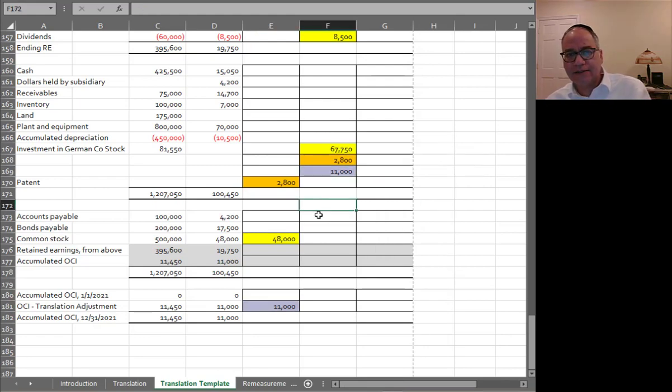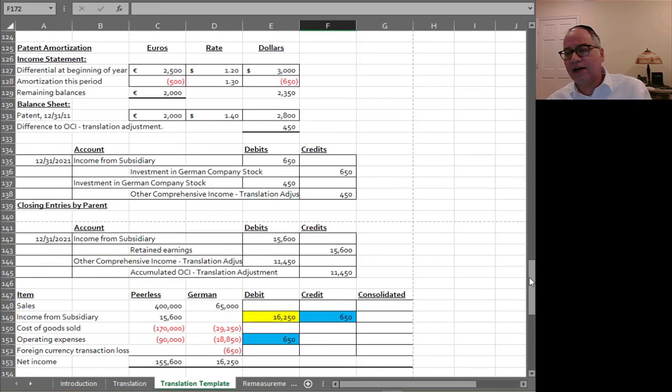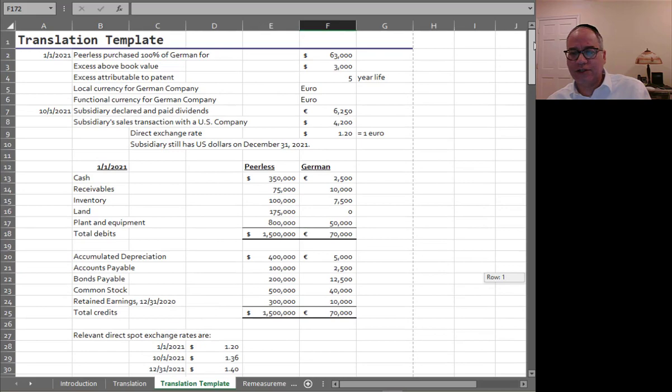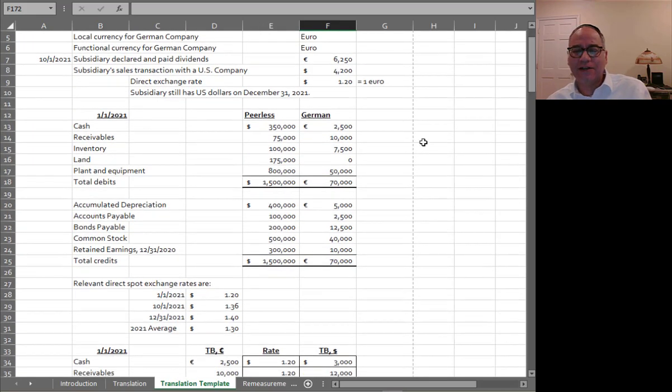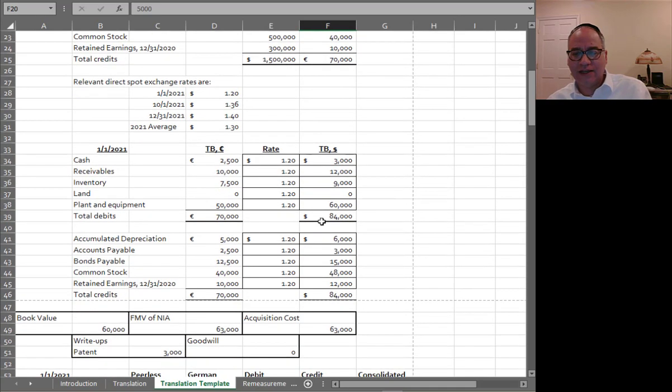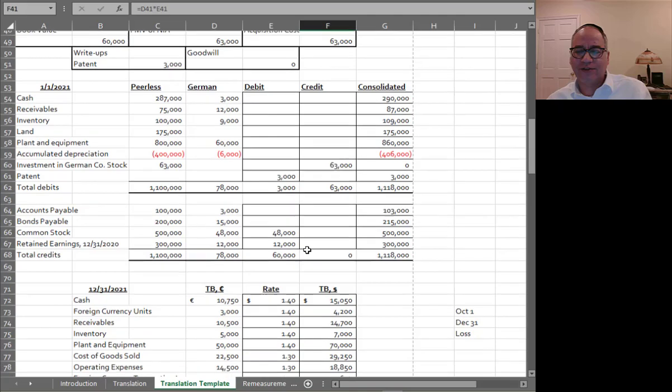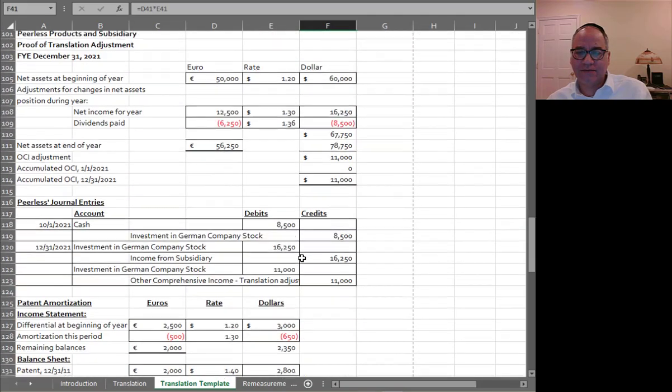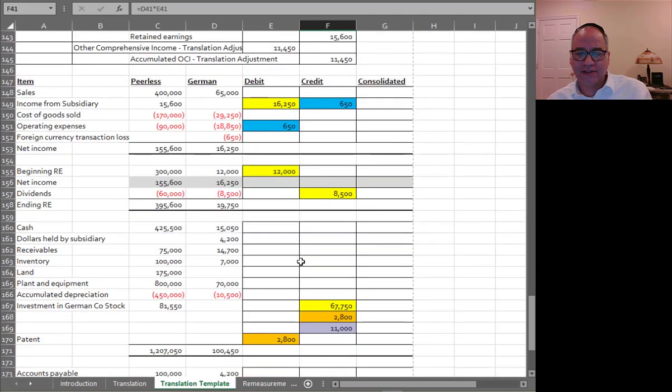And then finally, everyone's favorite journal entry, in case you forgot about it, the optional accumulated depreciation entry. We had accumulated depreciation here of 5,000 euros, and that would translate to $6,000. That was at the beginning, when we made the acquisition. There was $6,000 worth of accumulated depreciation sitting on the books here, so I would need to eliminate that.